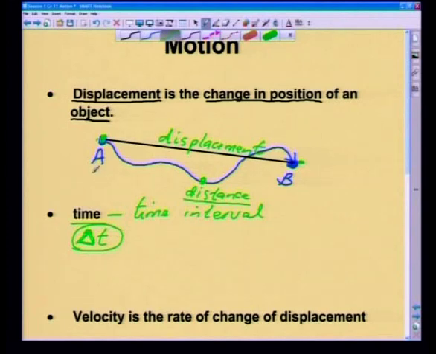In other words, if you started your clock at 10 o'clock, and when this whole event stopped at point B, your clock was telling you it's now 10:03, this would mean that the total time taken by the object to change its position from A to B is 3 minutes. So that is what we're talking about. It means as well that we can't describe motion without bringing in the time factor. We need to know how long certain events in that process of an object moving take place.